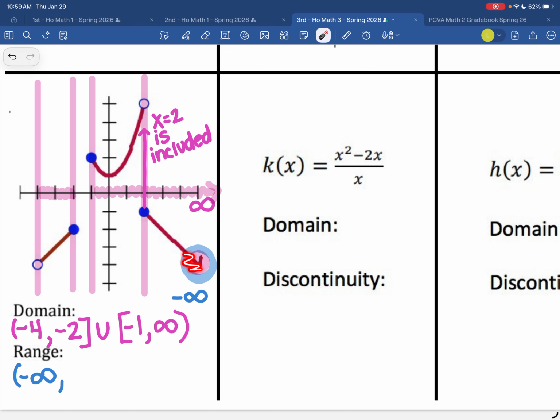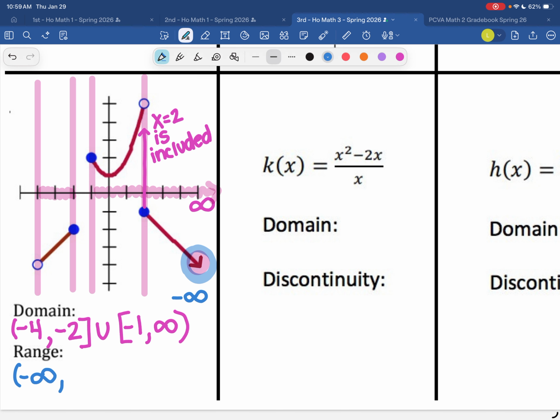And we're going to go up, and I know that there's a disconnect here, but there's also values over here that are included. The only part of the range that's not included, that's disconnected, is this section right here. There are no graphing pieces in this section for the y.